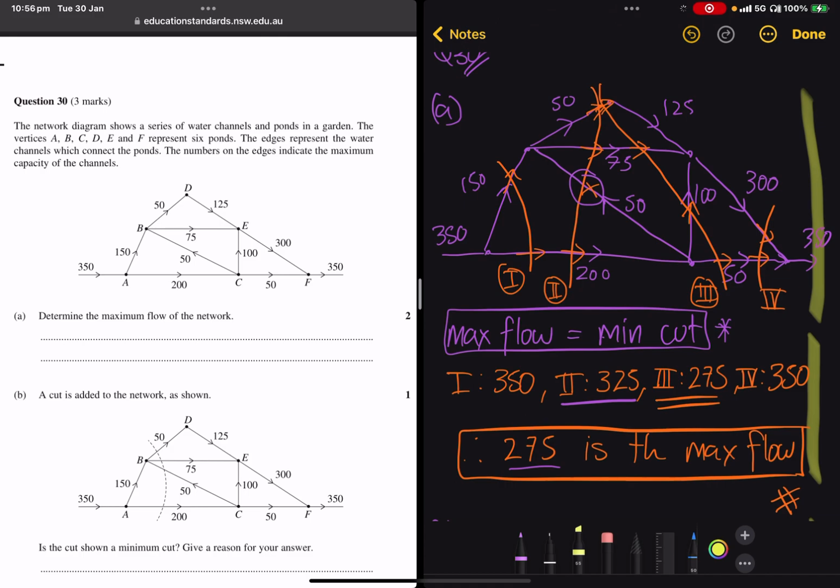Doing algorithms to find official minimum cuts, stuff like that, Dijkstra style algorithms, they can be quite lengthy, right? This can take ages, but because these diagrams are fairly small and because it's not worth many marks, it's a fairly quick question. Picking a few that seem to be the lowest is not a bad way to go, right? And this works really well in this question. It means you can get this question done very quickly within the exam.